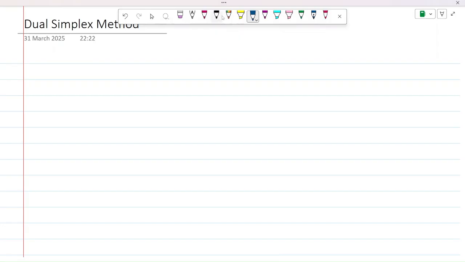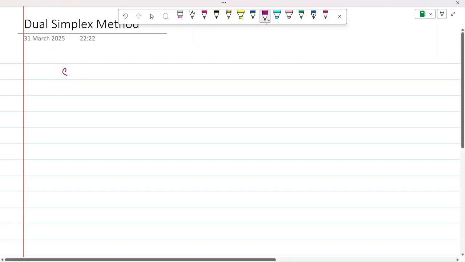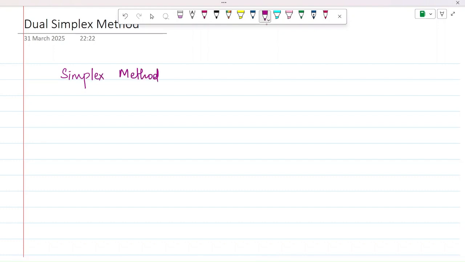Okay, so getting back to the simplex method, in the questions of simplex method, and I may take it as a comparison here.